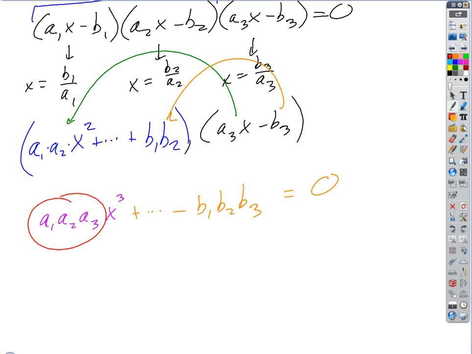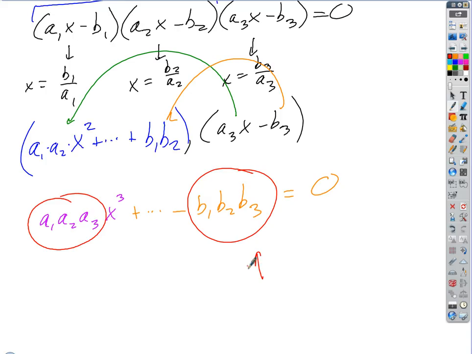Okay, so this is the leading coefficient, right? This is the constant. If I look at the zeros of each of those factors, what do you notice? Well, on the top, we've got some factor, either b sub 1 or b sub 2 or b sub 3, right? Those are factors of the constant of the overall polynomial, aren't they? Everybody see that?